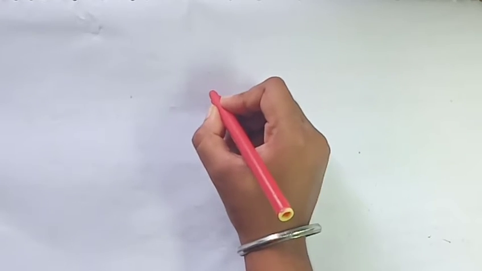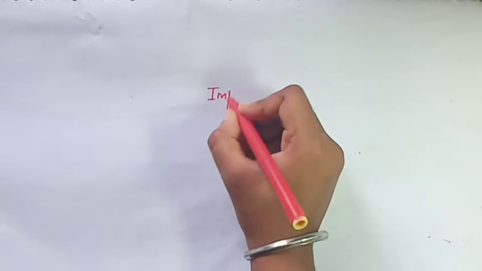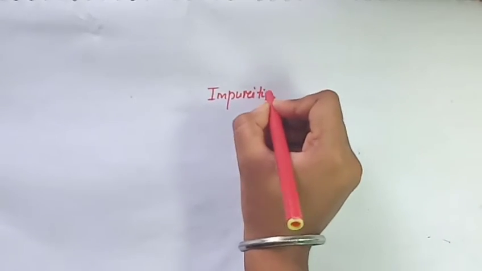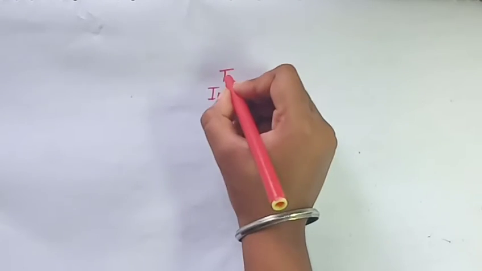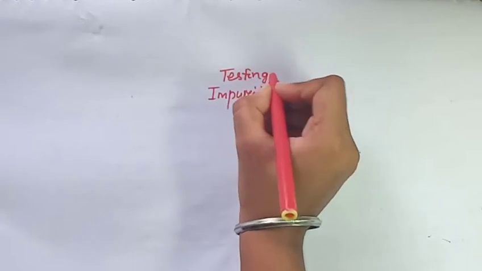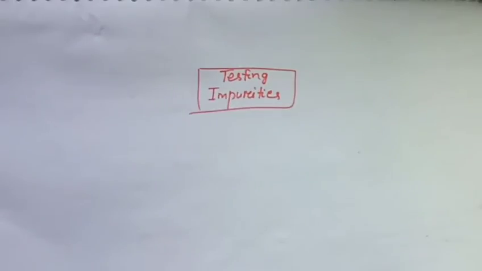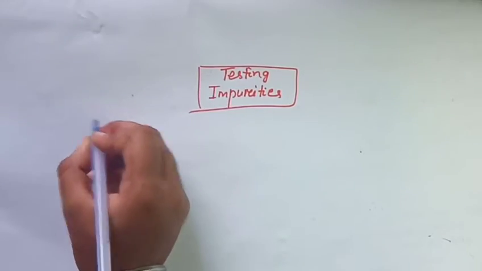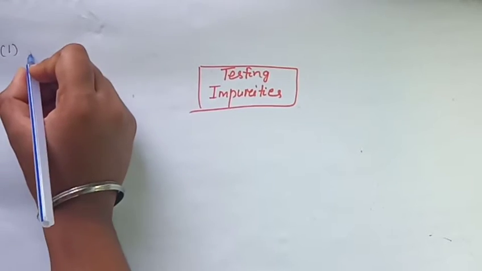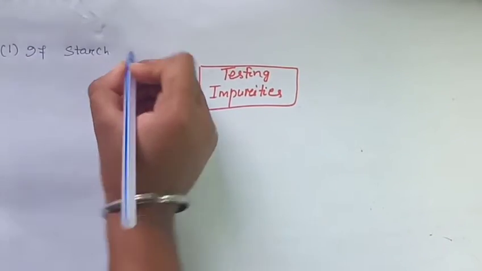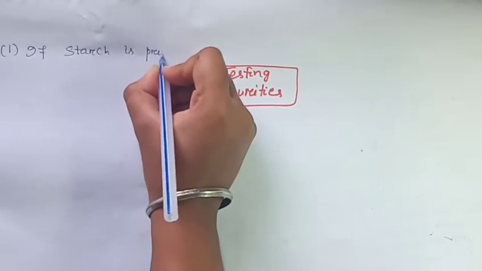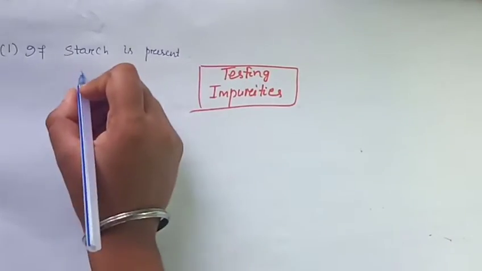Then about impurities: if any impurities are present in the saccharum lactis, meaning the sugar of milk, what can we do? We do testing. Which types of impurities are mainly present? First, starch may be present.